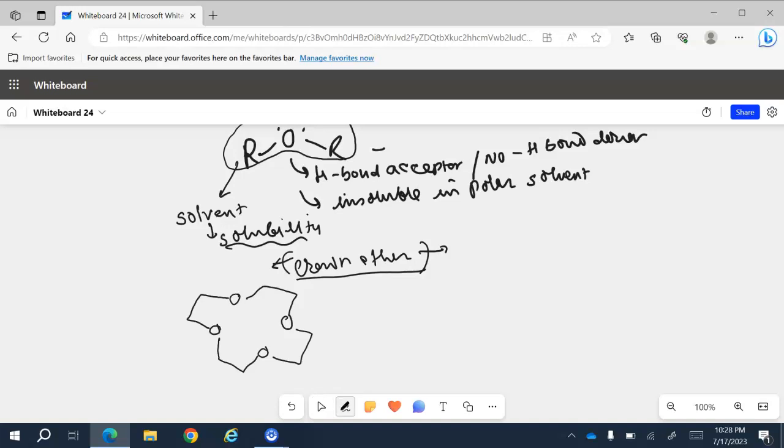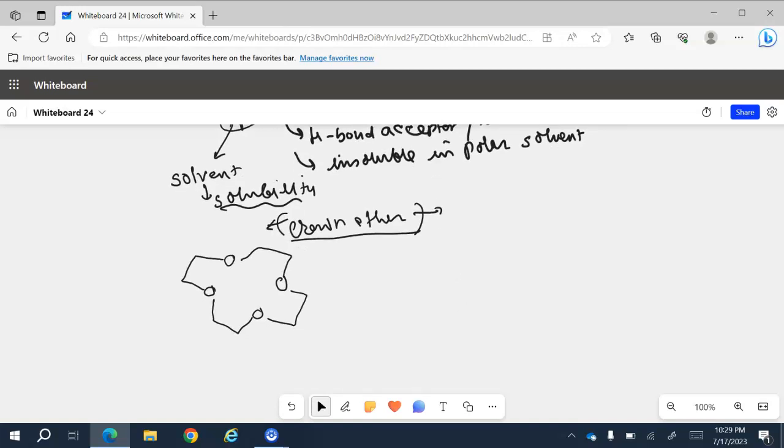So this crown ether is named as, you have to know how to name this. In this structure, how do we count? Find out the total number of atoms forming this cyclic system.